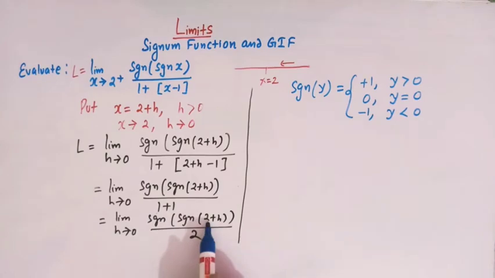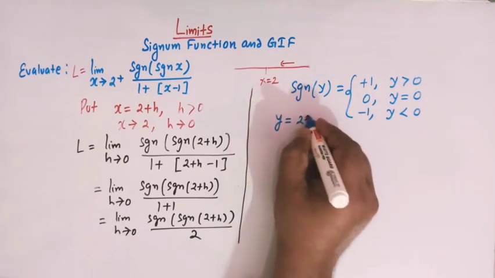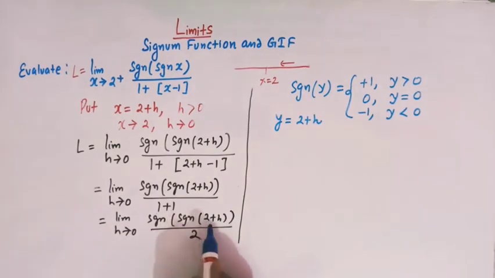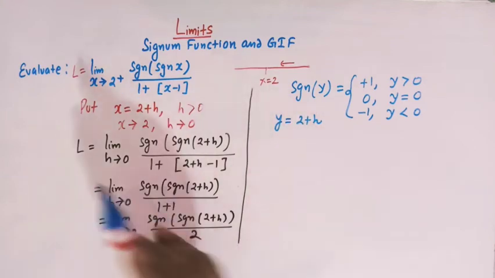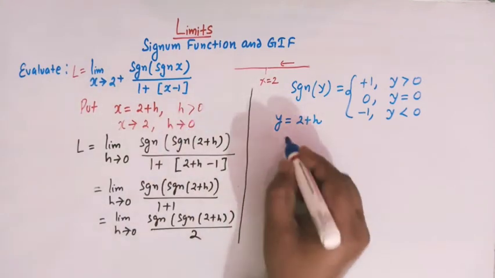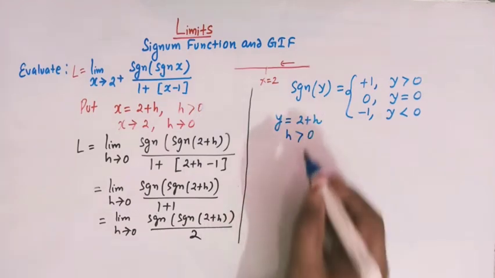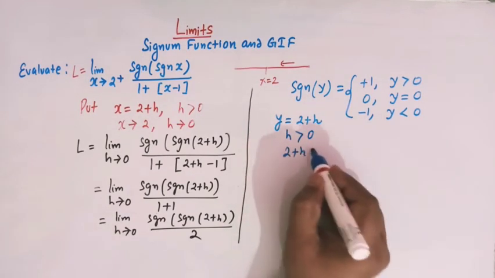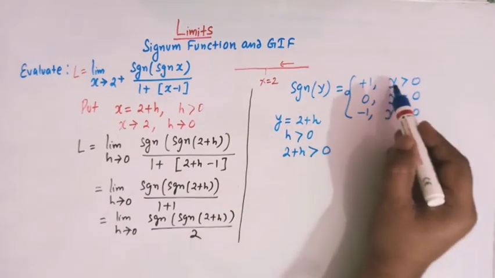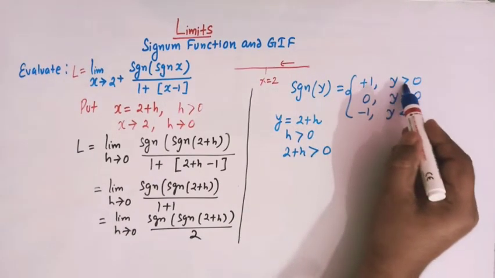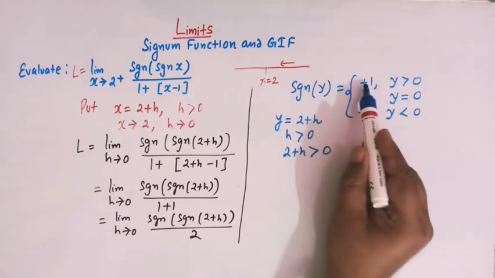This definition is used to decide the value of this expression. If we take y is equal to 2 plus h, we have signum of 2 plus h, and we already know that h is a positive quantity, that is h is greater than 0, so 2 plus h is obviously greater than 0. And when y is greater than 0, then signum of y takes the value plus 1.